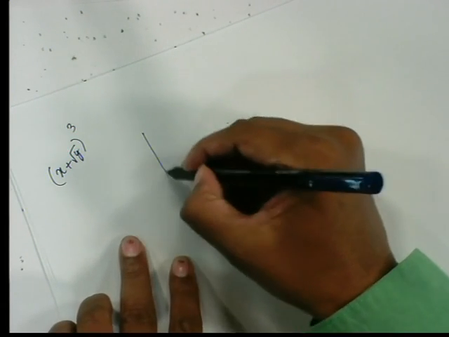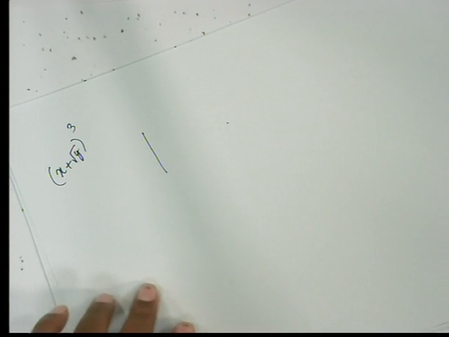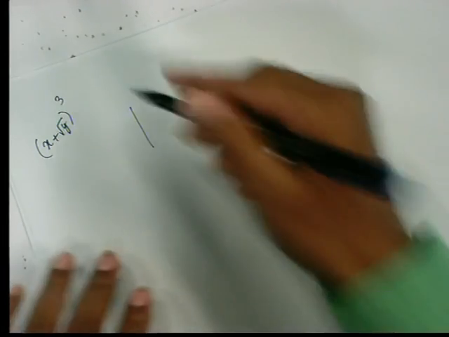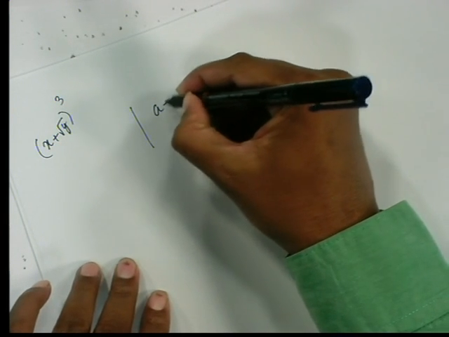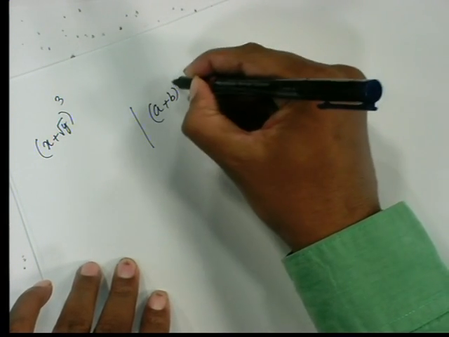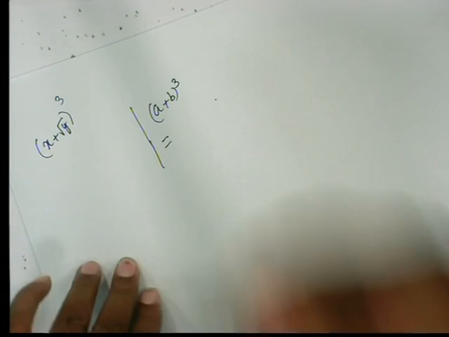So we have the formula, (a plus b) whole cube. What is (a plus b) whole cube?